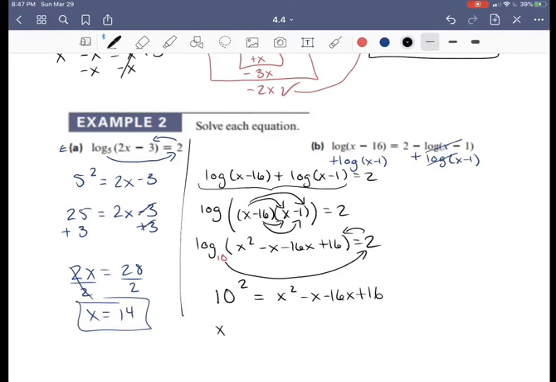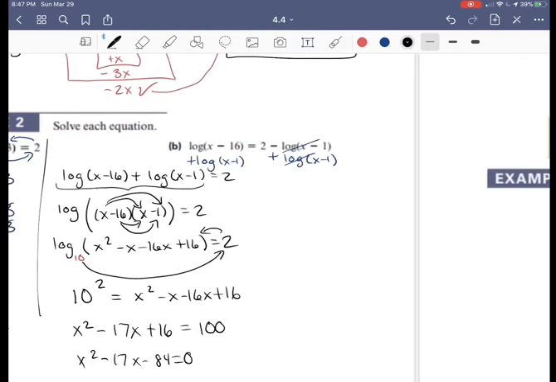Let's simplify this: x squared, negative 1 minus 16 is negative 17x, plus 16 is equal to 100. Now, I'm going to send the 100 to the other side to use the zero product principle again. So 16 minus 100 gives x squared minus 17x minus 84 is equal to 0.